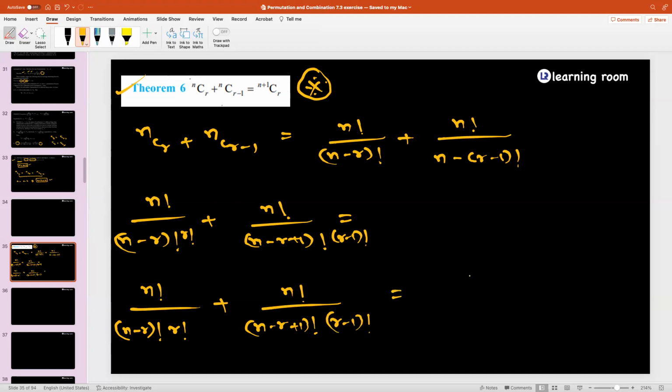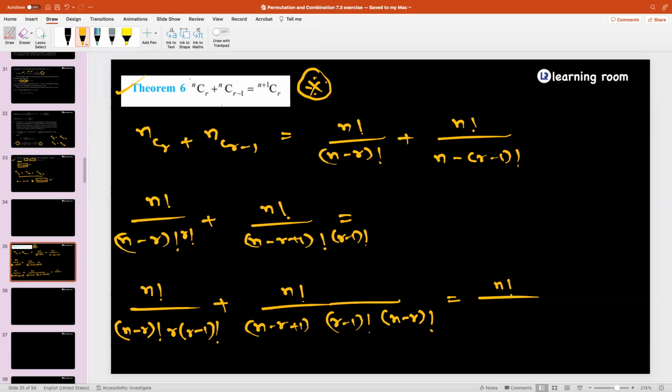So what we can do here is, this part is there. Here I will write it as r into (r minus 1) factorial, and this one I will write it as (n minus r plus 1) into (n minus r) factorial.